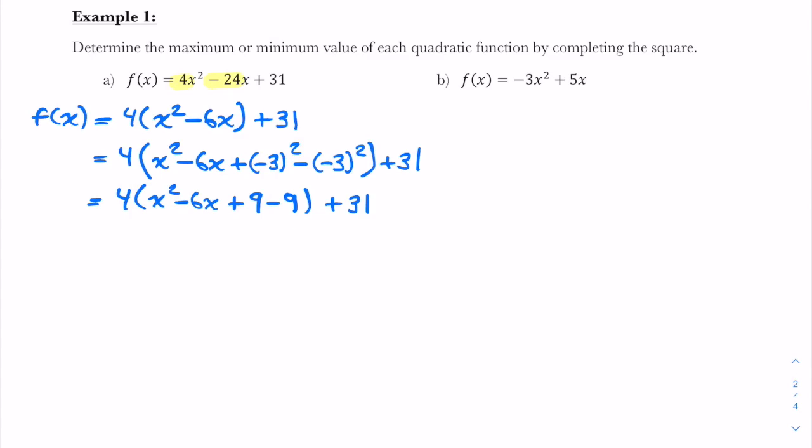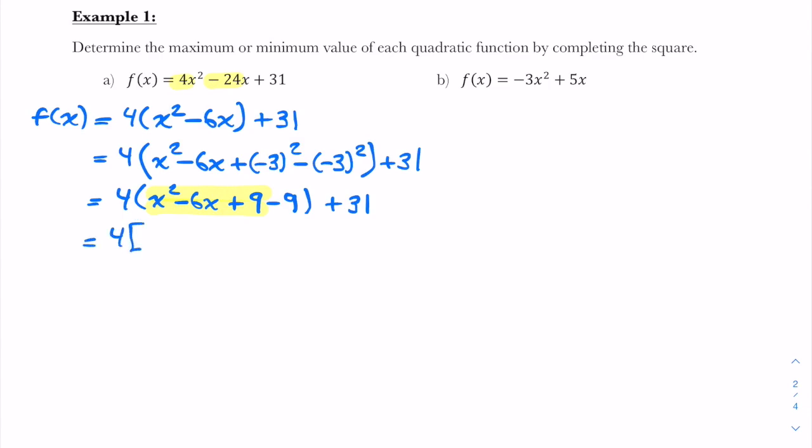So here's where we're going to use completing the square to our benefit. Notice that the first 3 terms inside of the brackets, which I'm highlighting here, form a perfect square trinomial. In other words, what 2 numbers multiply to 9 and add up to negative 6? So we're going to go ahead and factor that as a perfect square.